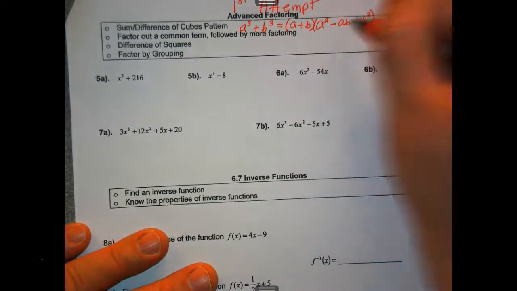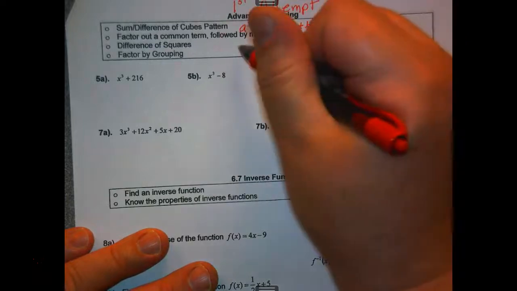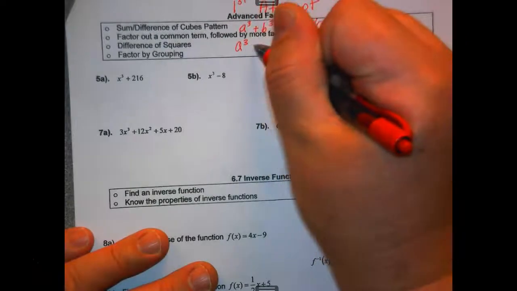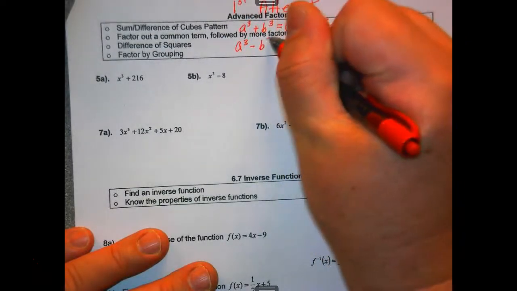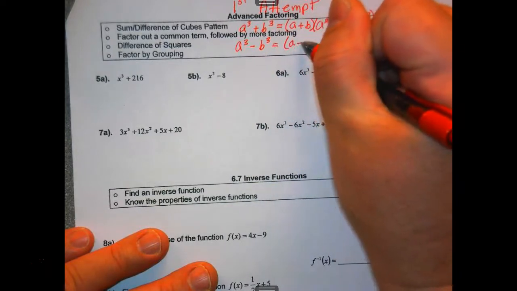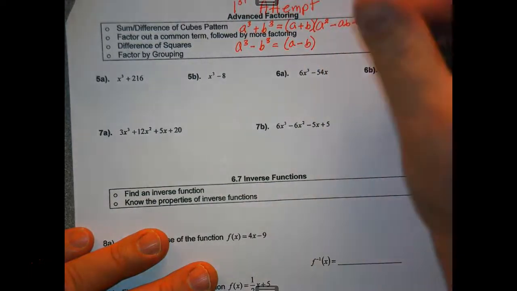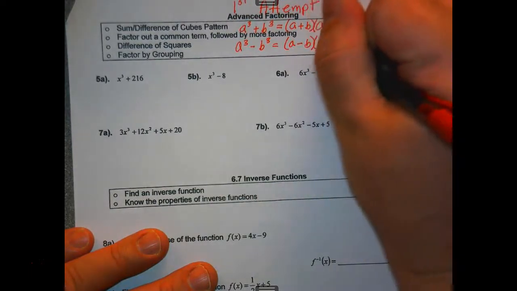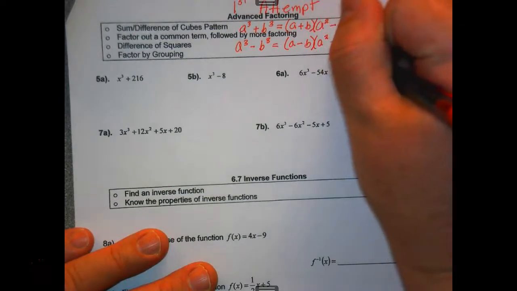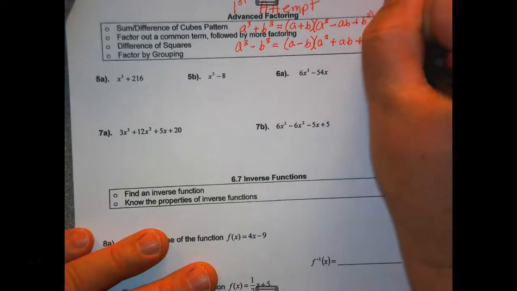And then the other one, the difference of cubes: A cubed minus B cubed equals A minus B times A squared plus AB plus B squared.